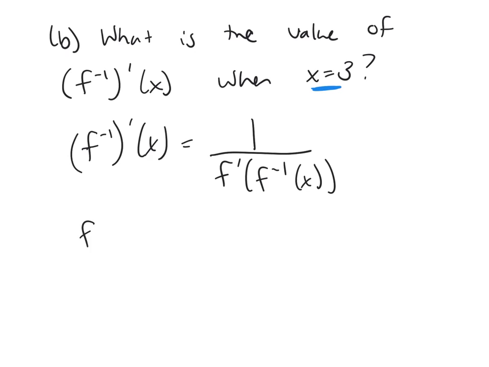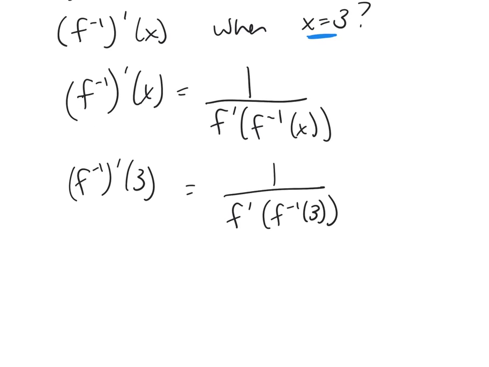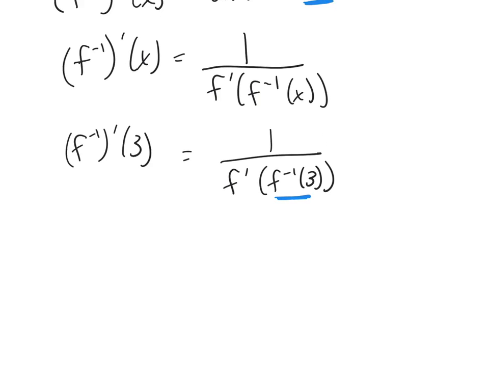F inverse prime of 3 is 1 over f prime, f inverse of 3. Now in part A, we found out that f inverse of 3 was 2. So that's 1 over f prime of 2.